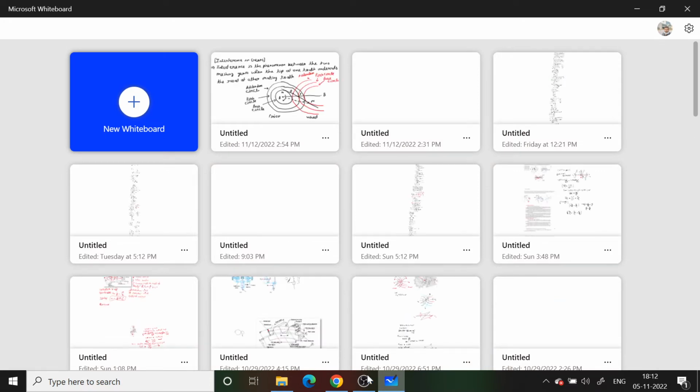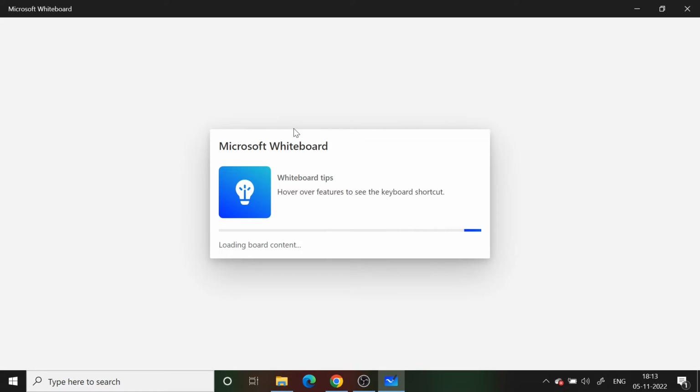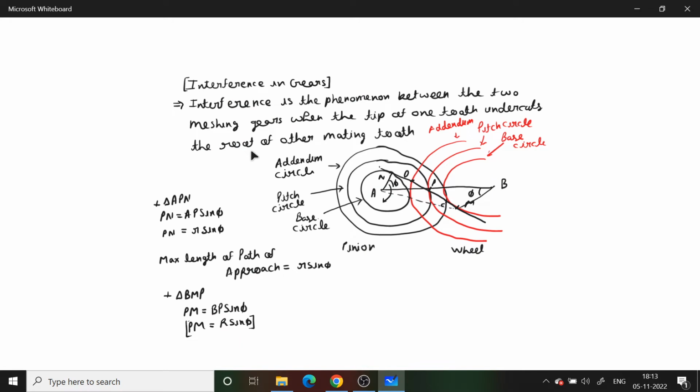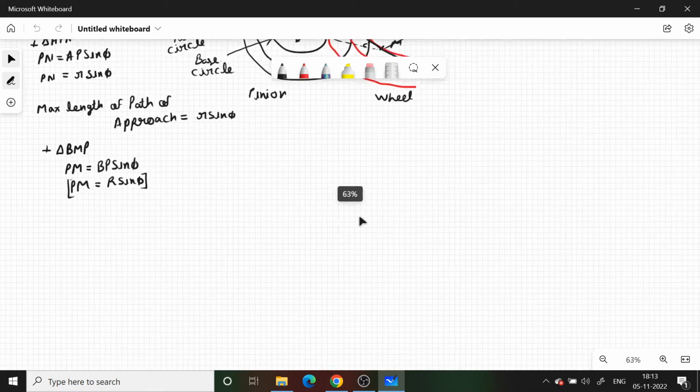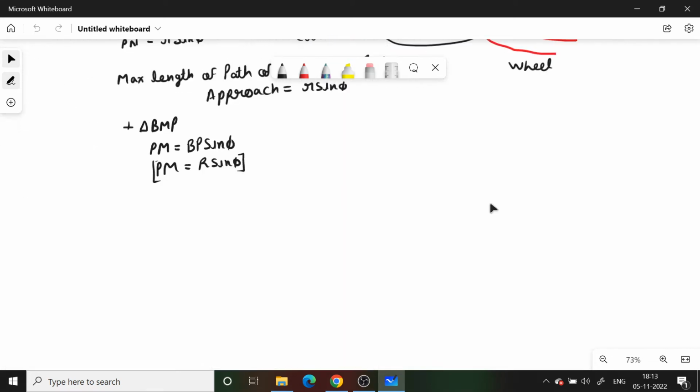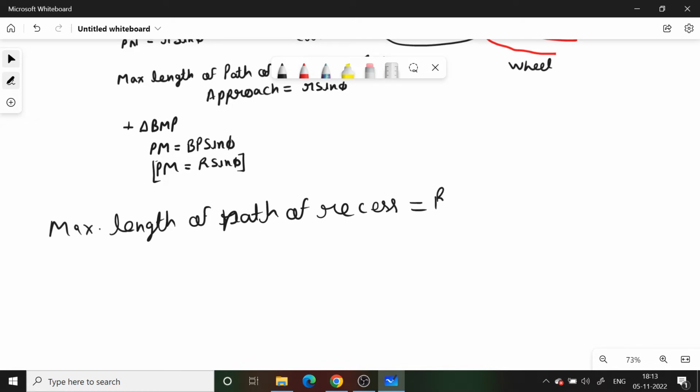Now from here, the maximum length of path of recess will be equal to R sine phi.